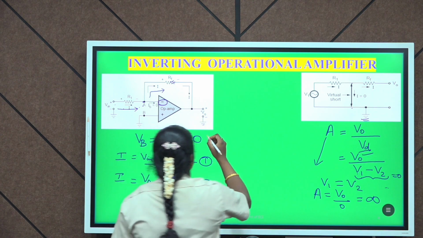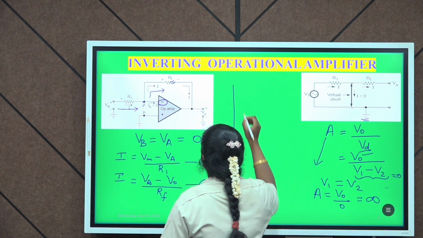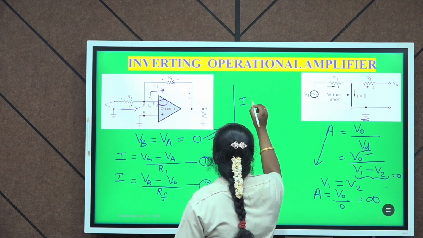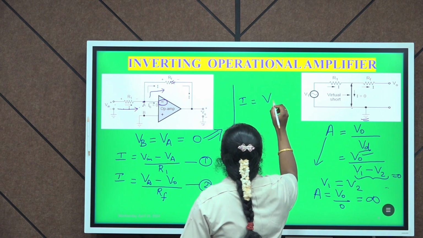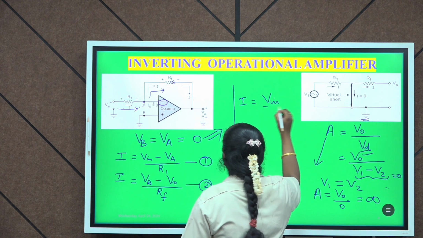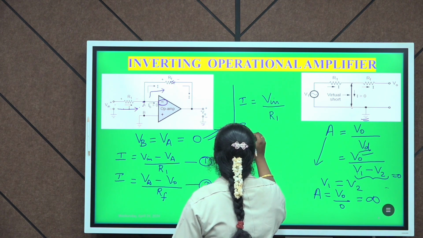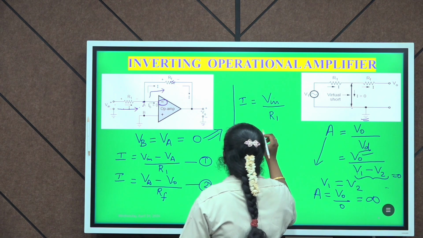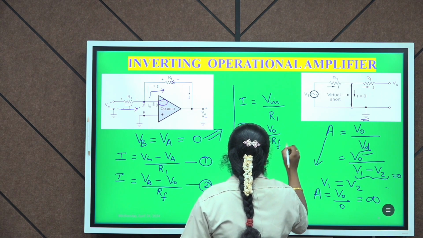According to the virtual ground concept, we apply this in equations 1 and 2. The equations become: first equation, I is equal to Vin divided by R1, as Va is equal to 0, and second equation, I is equal to minus V0 divided by Rf.